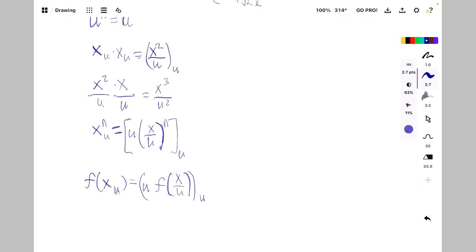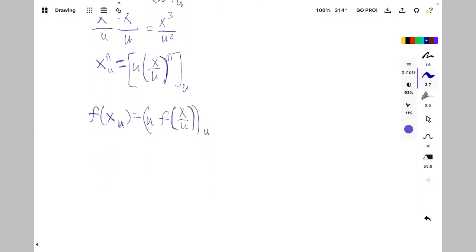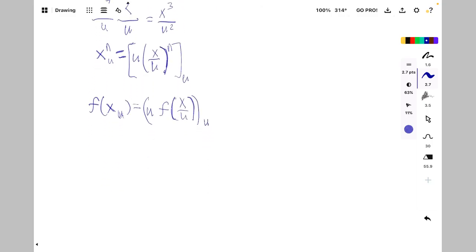Which means it's also easy to find an inverse function. For that, you would just divide by u, take the inverse function, and then multiply by u again, which means that functions and inverses still stay functions and their inverses.